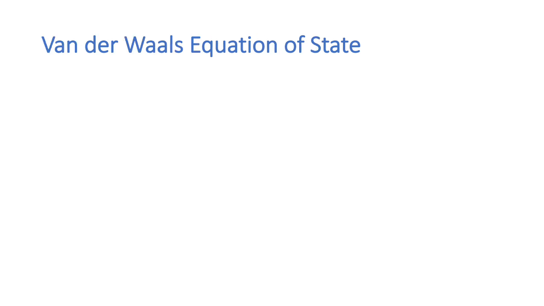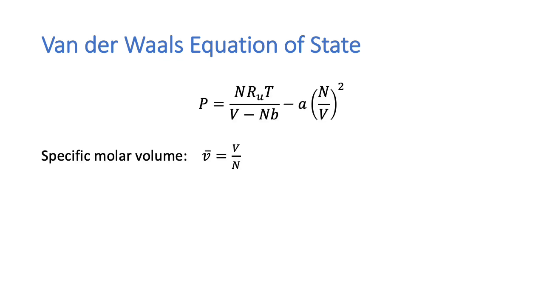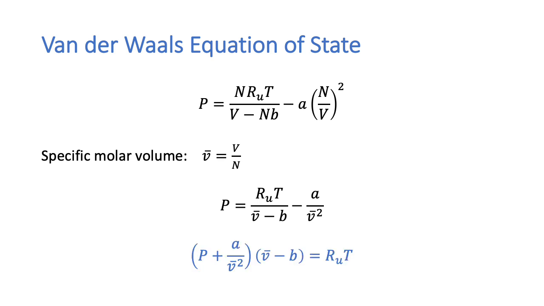This is what we call the van der Waals equation of state. If we now define a specific molar volume, V bar, which is the volume V divided by N, the number of moles, then we can write the van der Waals equation as P equal to RuT divided by V bar minus b, minus a upon V bar squared. Rearranging it, we can write it in the form (P plus a upon V bar squared) times (V bar minus b) equal to RuT.